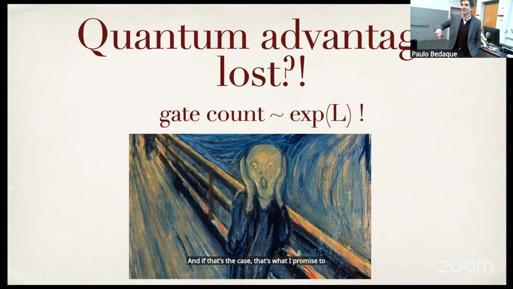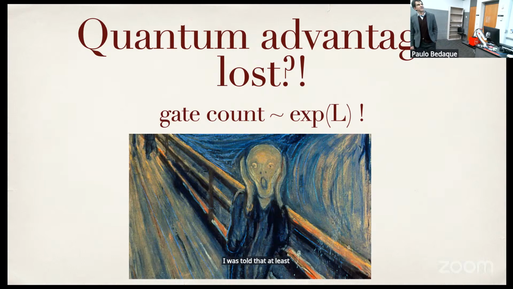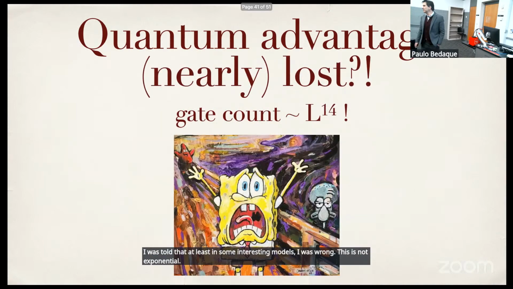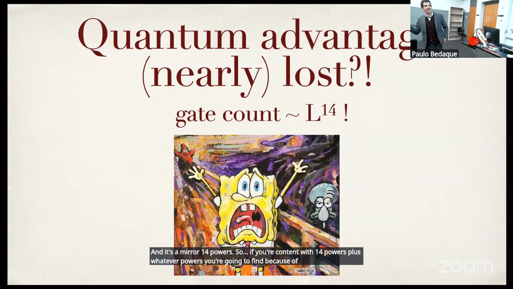If that happens, we lose quantum advantage. I was told that at least in some interesting models, I was wrong. This is not exponential, and it's a mere 14 powers. So if you're content with 14 powers, plus whatever powers you're going to find because of other issues, then that's fine.